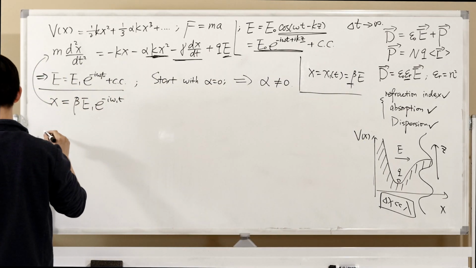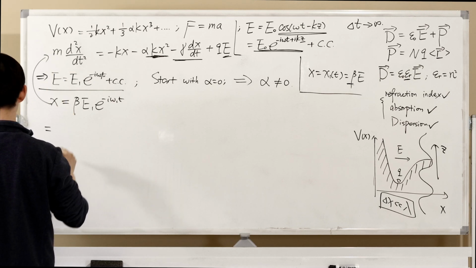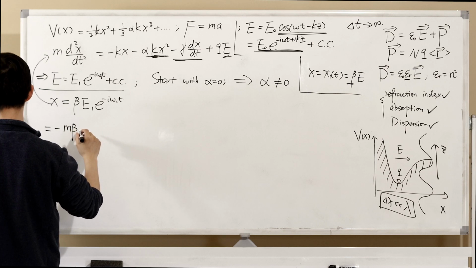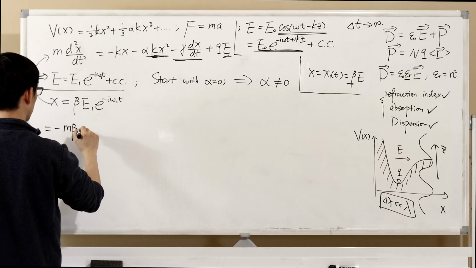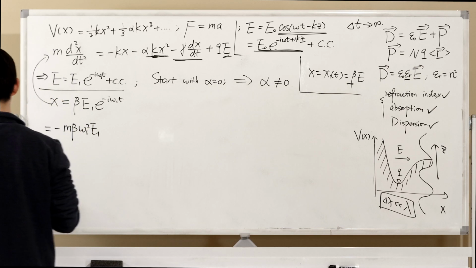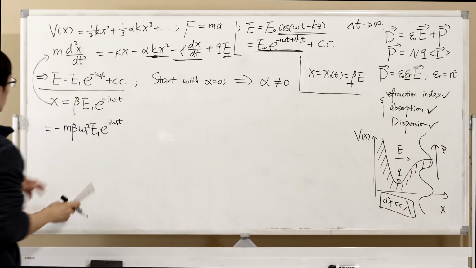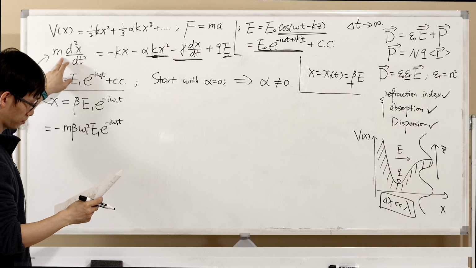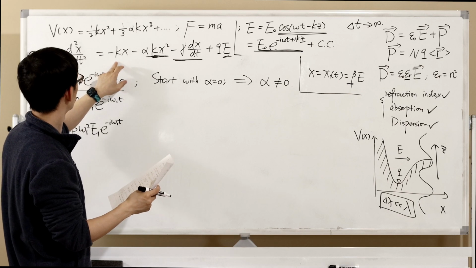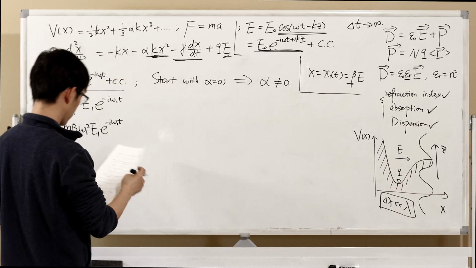What you will get is minus m beta omega 1 squared E1 e to the minus I omega 1t. This is the first term here. And then let's move these 3 terms to the left.